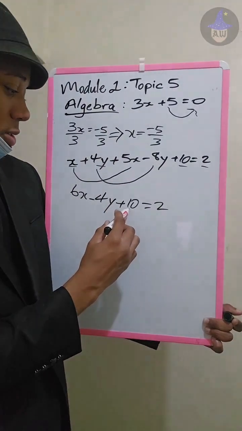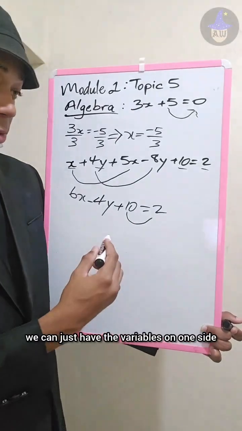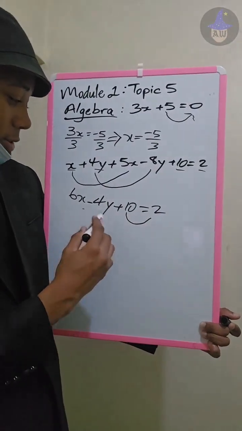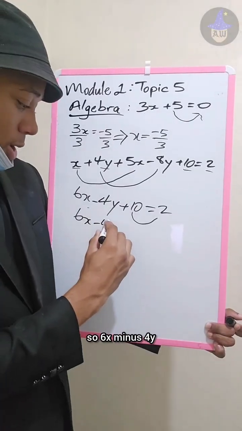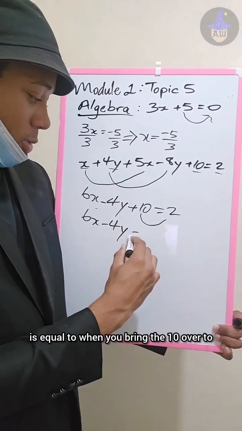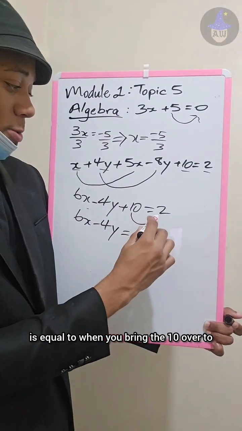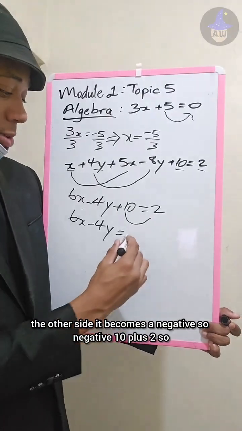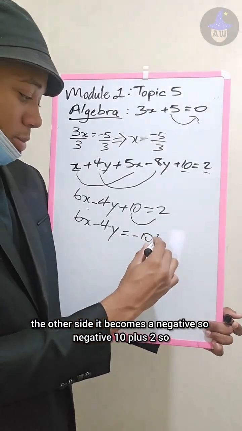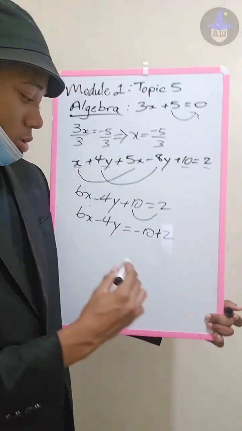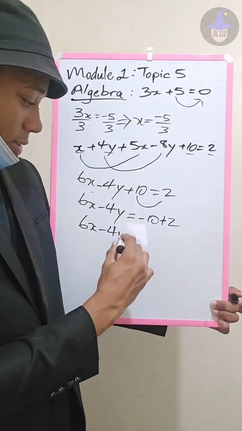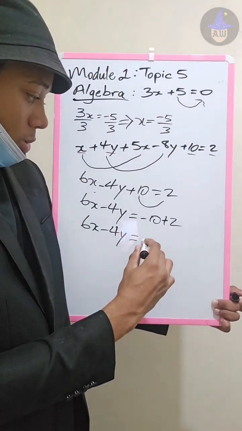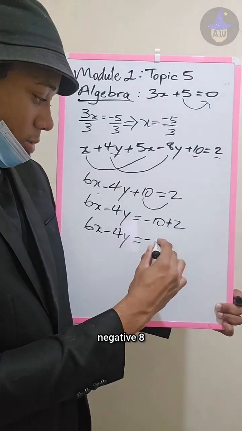And from here, we can just have the variables on one side. So 6x minus 4y is equal to, when you bring the 10 over to the other side, it becomes a negative. So negative 10 plus 2. So 6x minus 4y is equal to negative 8.